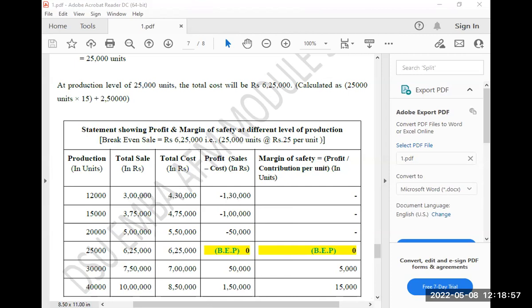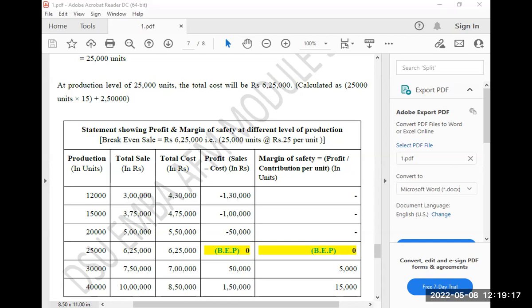Contribution is equal to fixed cost plus or minus profit or loss. In this case, contribution is how much? Or any other way to find?